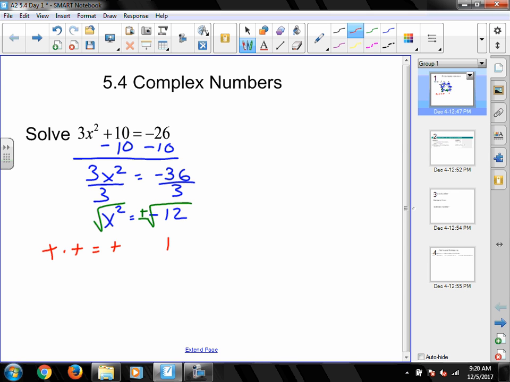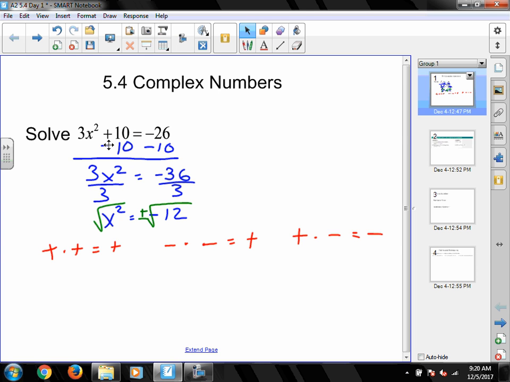If we take a negative times a negative, that's also going to equal a positive, and a positive times a negative is going to equal a negative. So the only way we can get that negative in there is if I have two opposite signed numbers, one positive, one negative. If they have opposite signs, they're not the same number. Okay, but let's just move on as if it were just a positive 12.